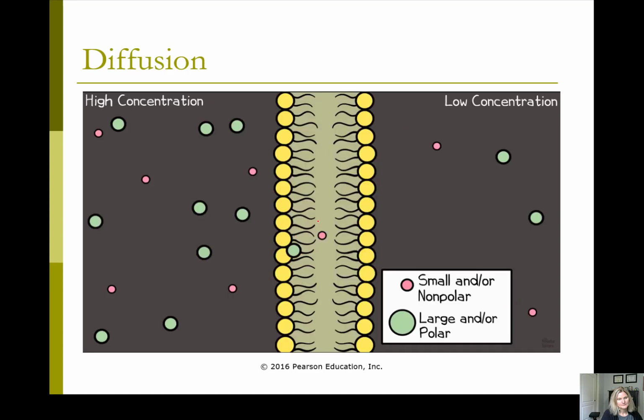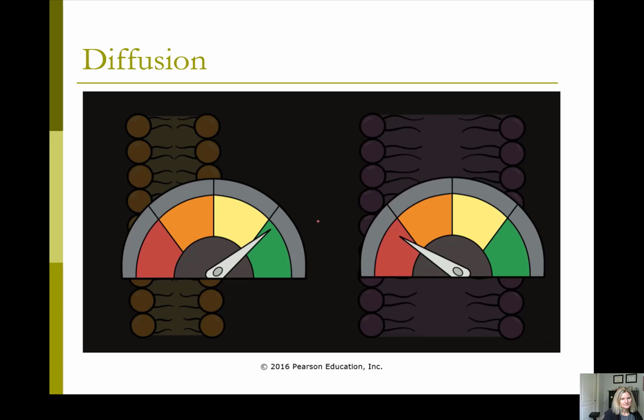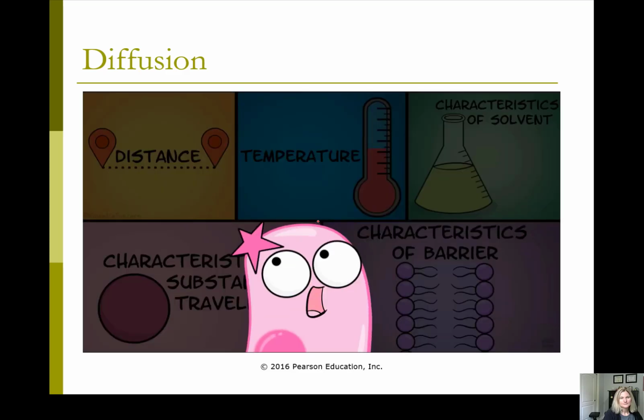Small, nonpolar substances pass through a cell membrane easier than something large or polar. That will affect the rate of diffusion. The surface area and thickness of the cell membrane also will alter the diffusion rate. For example, a large surface area and thin membrane would generally allow a faster diffusion rate than a smaller surface area and thick membrane.